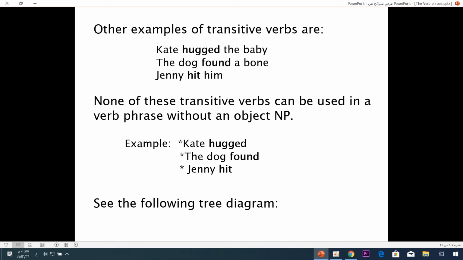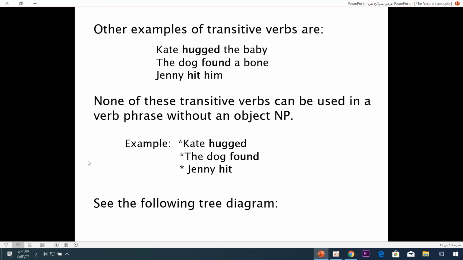Kate hugged the baby. The dog found a bone. Jenny hit him. So hug, find, and hit are transitive verbs. The meaning will not be there unless they are followed by a noun phrase functioning as an object. None of these transitive verbs can be used in a verb phrase without an object.